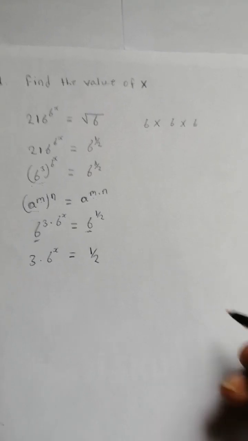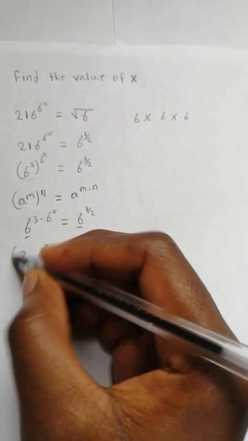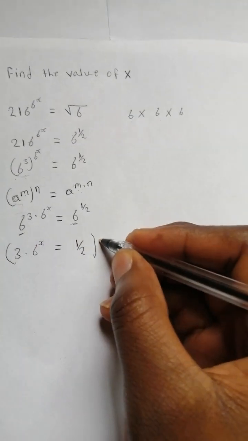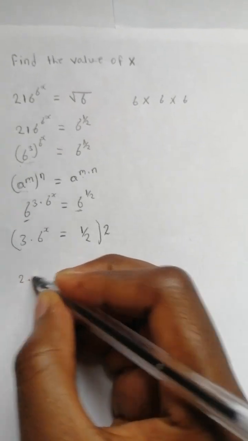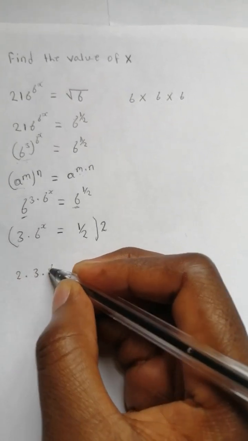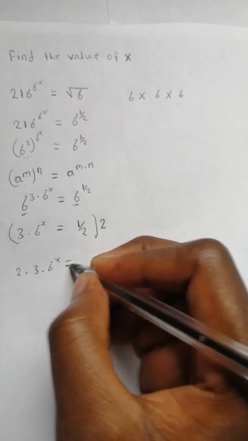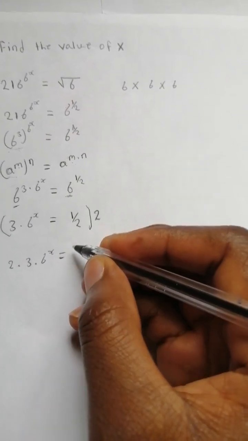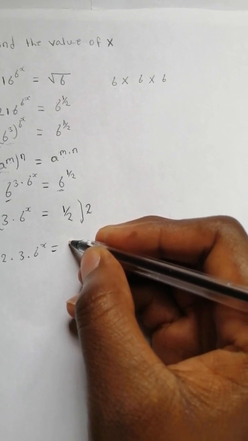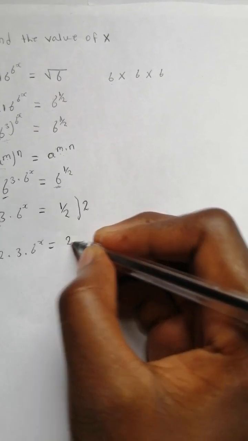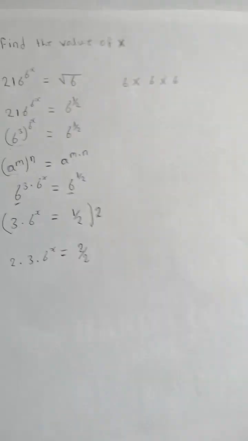After writing like this, we're going to multiply this whole expression by the denominator 2. So this will be 2 multiplied by 3 multiplied by 6 to the power x, and then this should be equal to 2 over 2 like that.